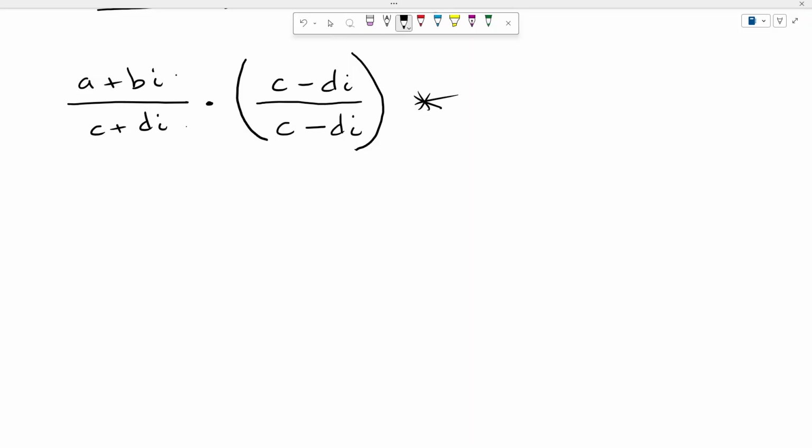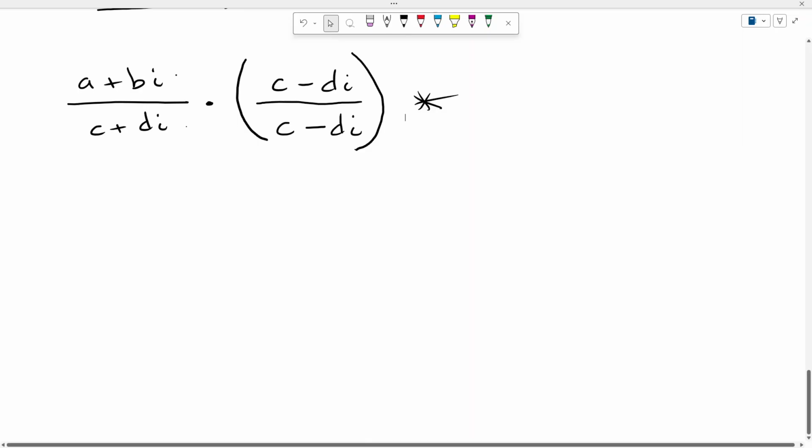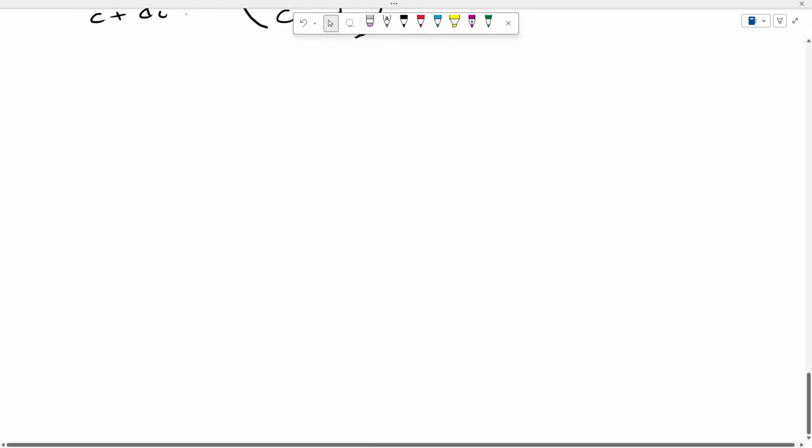But let's take a look at an example so we can see it more clearly. So we're going to divide, and then, like we have been doing, we're going to put the result in standard form.